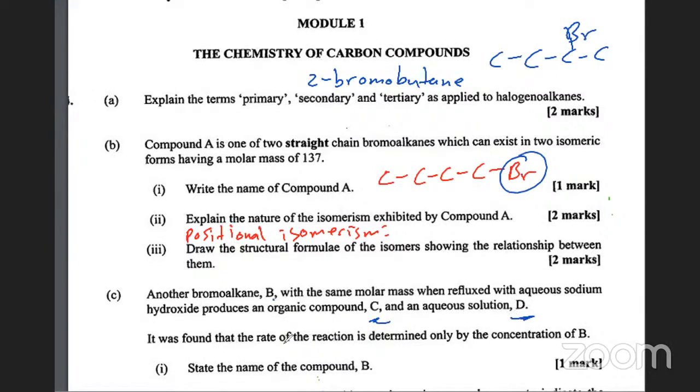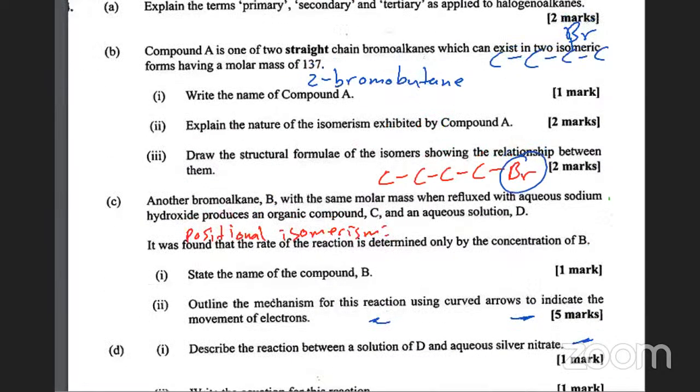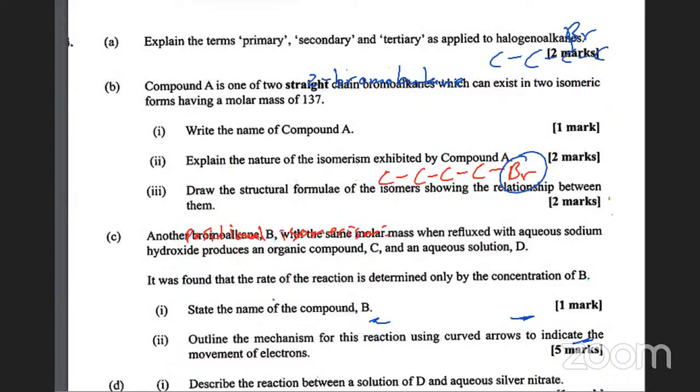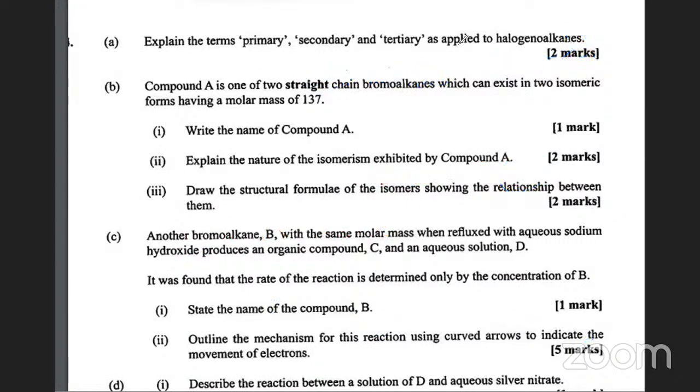It was found that the rate of the reaction is determined by the concentration of B. Name compound B. Let's go again. Another bromoalkane B with the same molar mass, when refluxed with sodium hydroxide produces, it was found that okay.